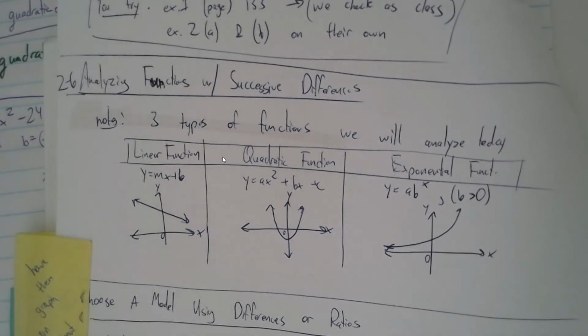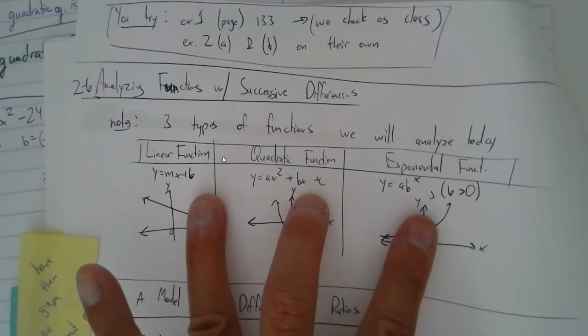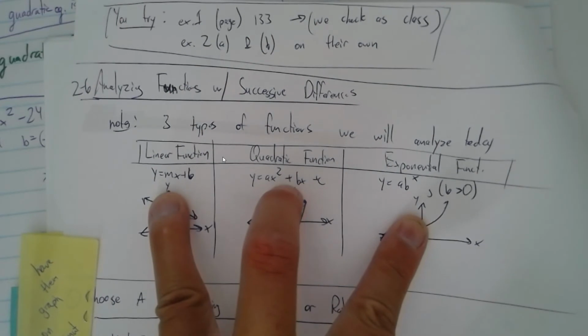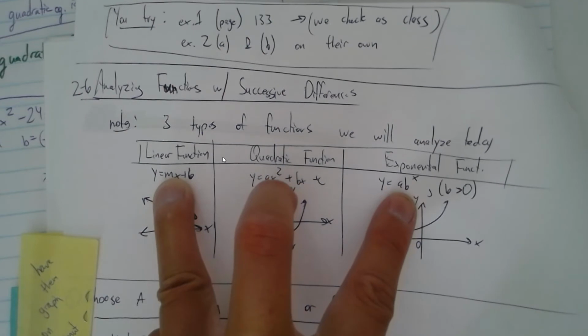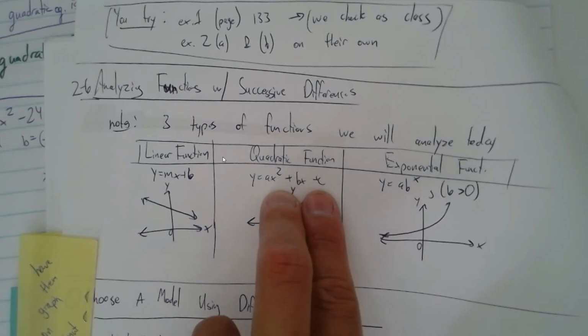So what I wrote here are the general equations for these curves. To be more comprehensive, instead of just calling them lines, they're different curves. This is y = mx + b. We just learned about this the past few weeks. Y = ax^2 + bx + c.